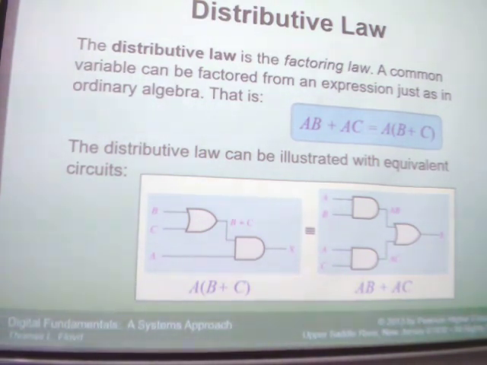It is right. So we can use the distributive law for this expression.